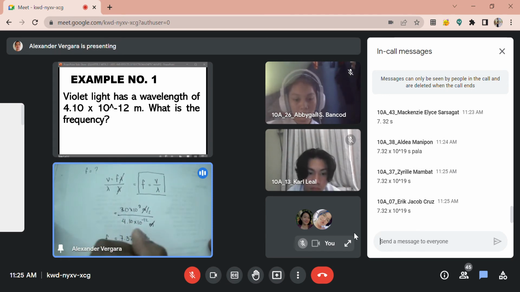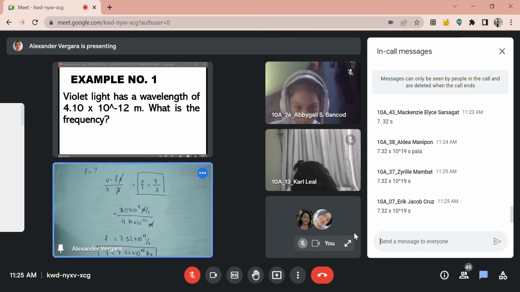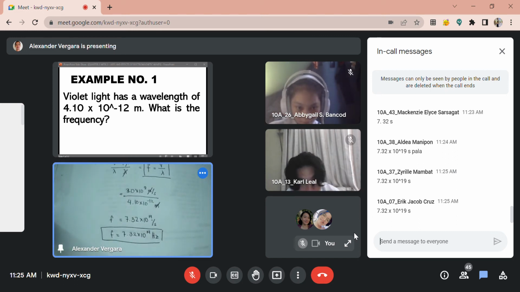So this will be your answer, since frequency is in hertz. Why did you get only 7.32 and did not put the exponent? Okay, let's try another problem.